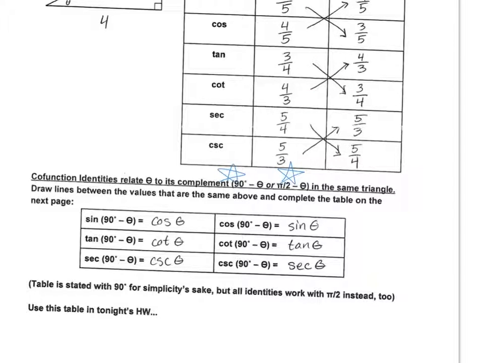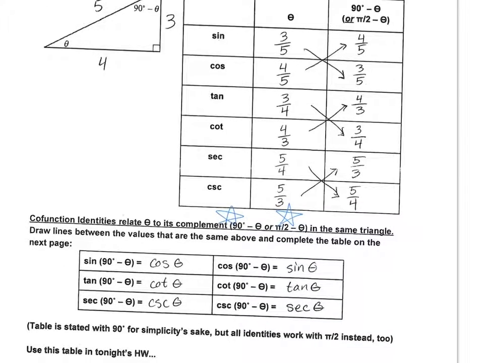So if I'm looking for the sine of 90 minus theta, the sine of 90 minus theta is 4/5. Well, that traces actually back to the cosine of theta. And so you can see those relationships there, and vice versa, and tangent and cotangent, and secant and cosecant.